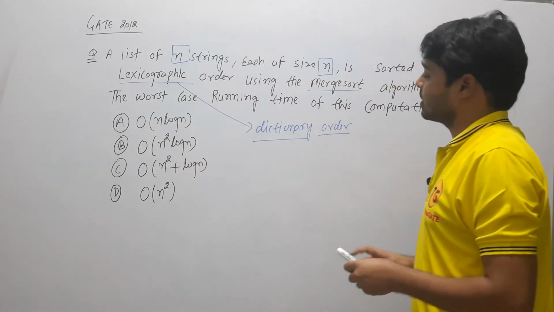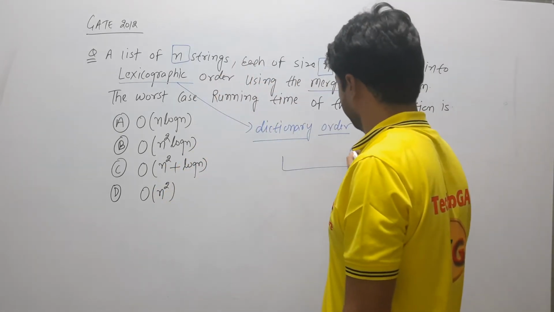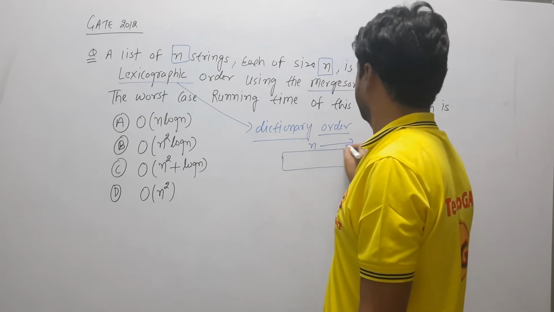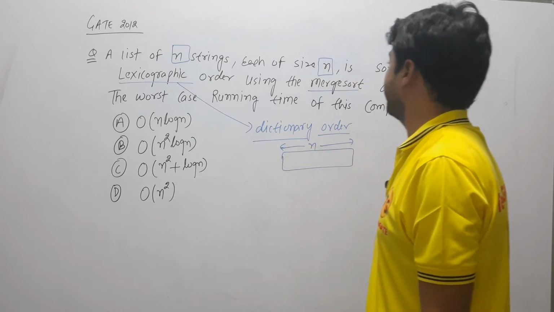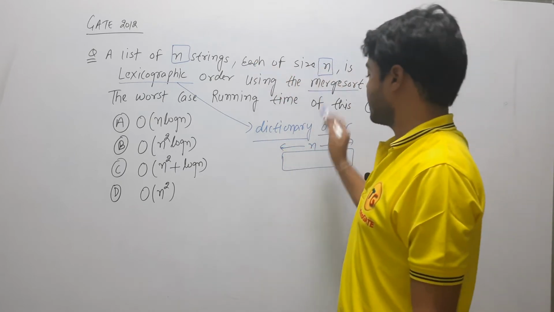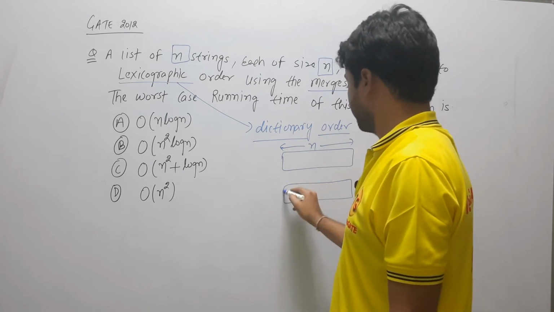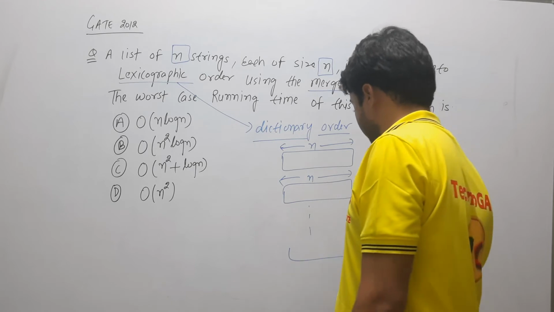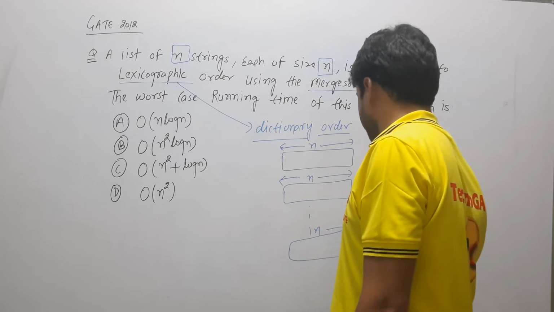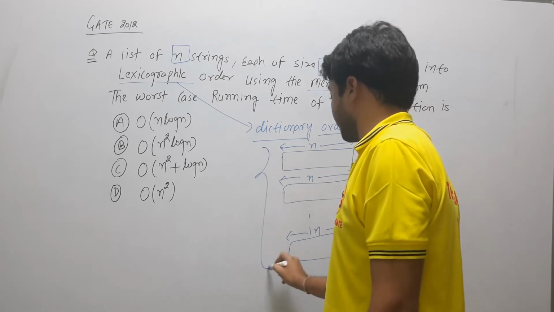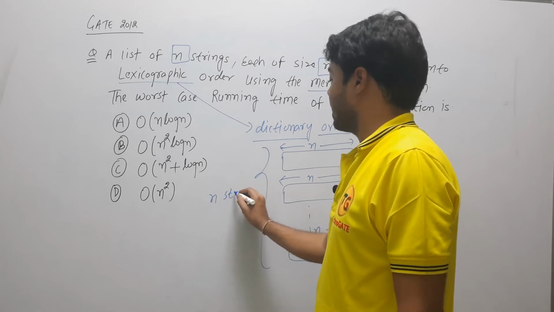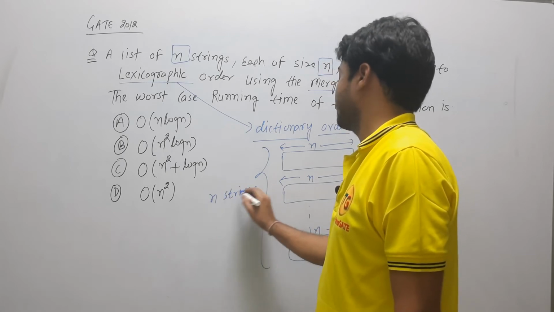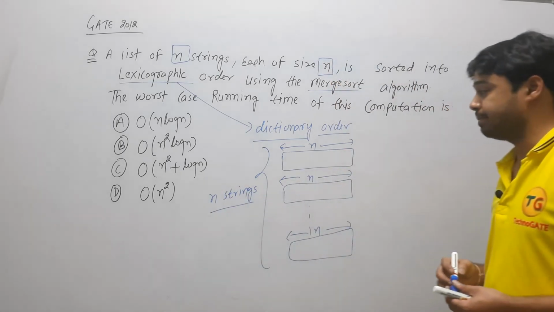So there are n strings, and each is of size n here. So there are a total of n strings, each of size n.